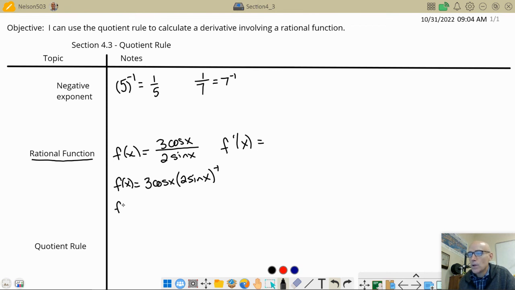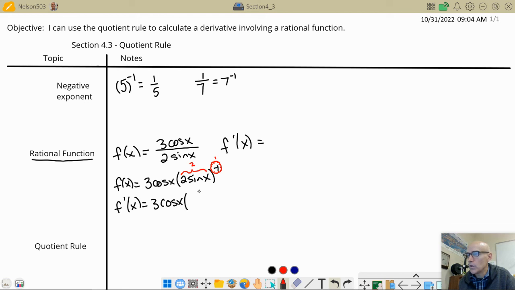Now what I'm going to do is a product rule on this. I'm going to take 3 cosine of x and multiply it by the derivative of this chain rule problem. Let's think about that for a second. I've got an outer function up here, the negative 1. Let me put a little red bubble around this and say that's my layer 1. Then I've got an inner function in here.